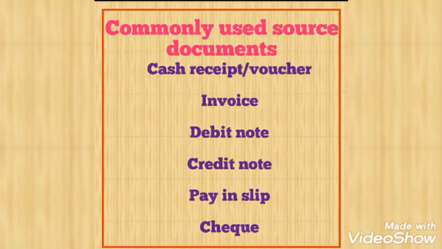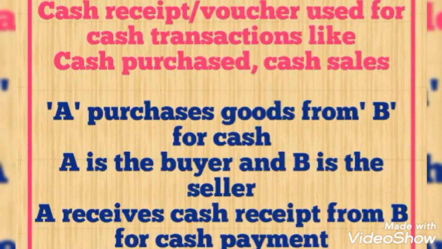Now let us see what are the source documents that are commonly used in business. Cash receipts, invoice, debit note, credit note, pay-in slip, check. Let us learn about each document in detail. First one, cash receipt.